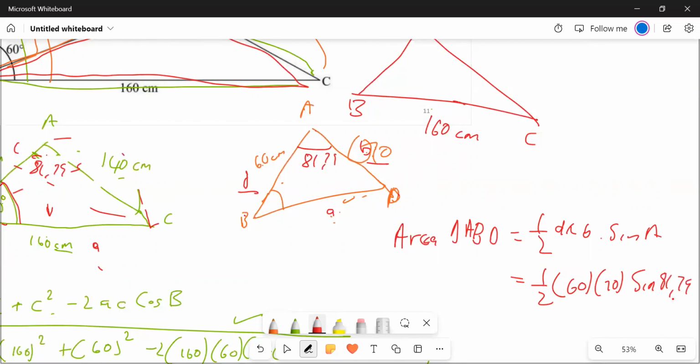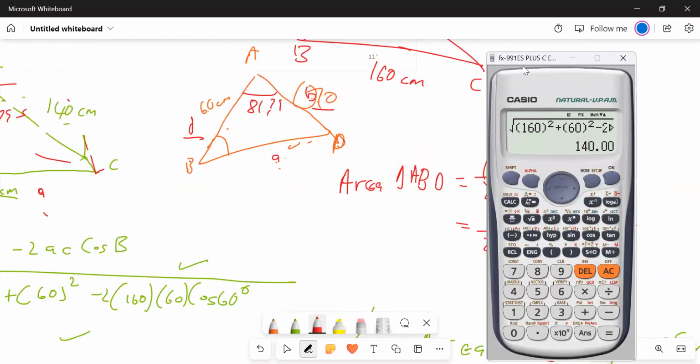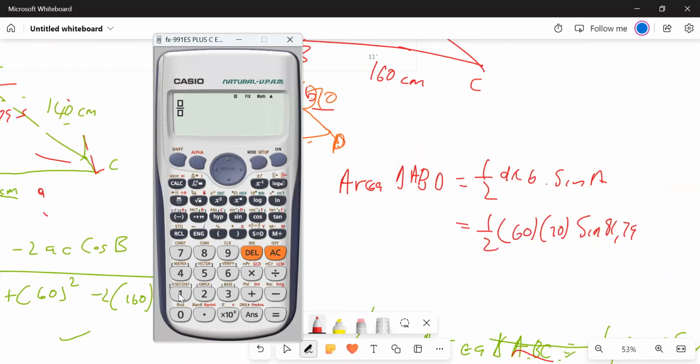81.79. If you type this in your calculator, you have 1/2 multiplied by 60, multiplied by 70, multiplied by the sine of 81.79.